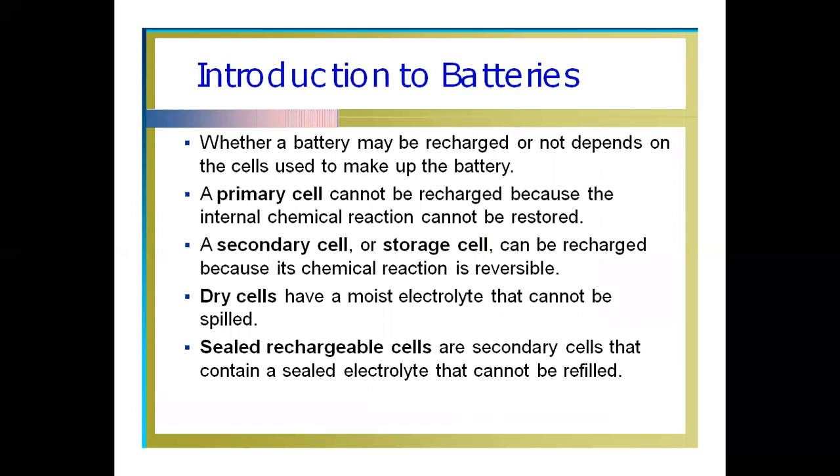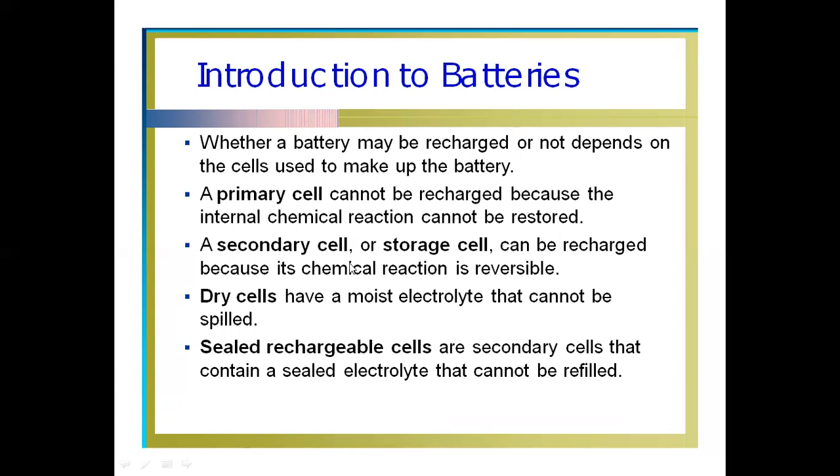Whether a battery may be recharged or not depends on the cells used to make up the battery. There are two types of batteries we are using: rechargeable batteries, which we can charge, and batteries which cannot be charged, the use-and-throw batteries. A primary cell cannot be recharged because the internal chemical reaction cannot be restored in primary cells.